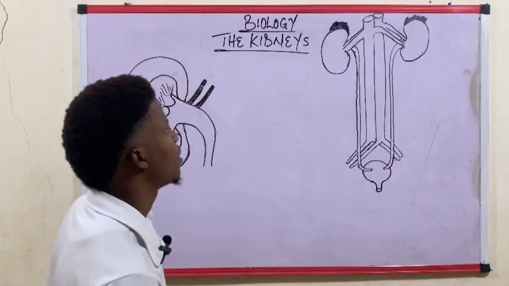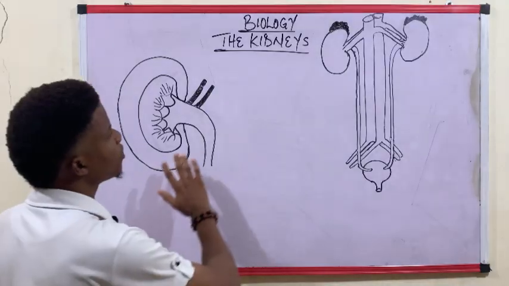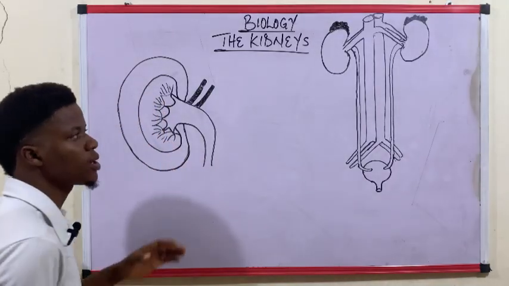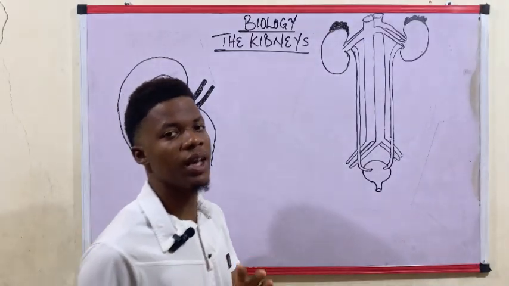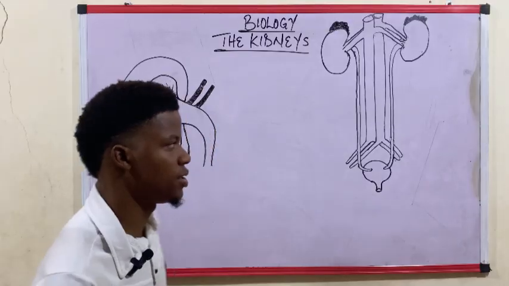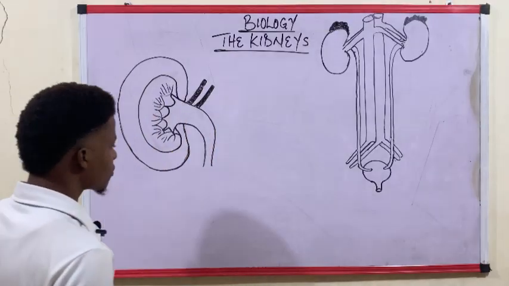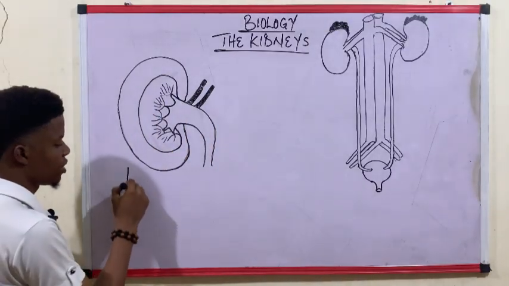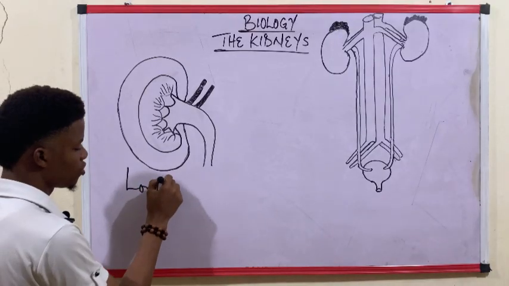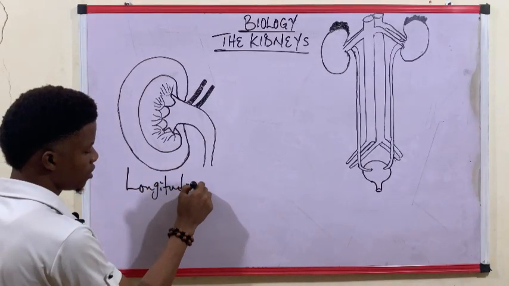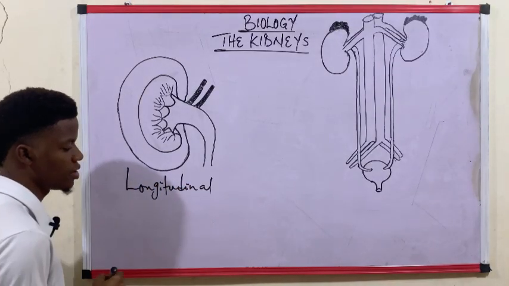Alright, now in today's video lesson, we're going to be looking at the kidney. Now, I brought out two diagrams to actually explain a lot about the kidney. This first diagram is the longitudinal section of the kidney.